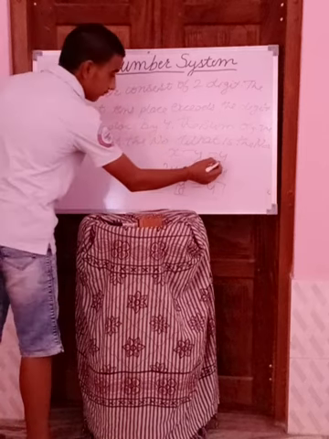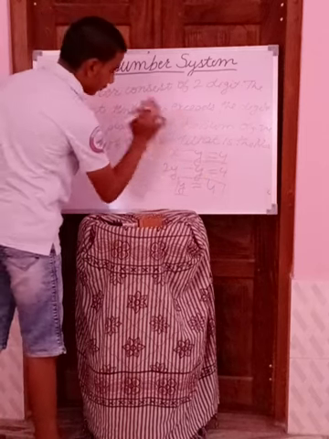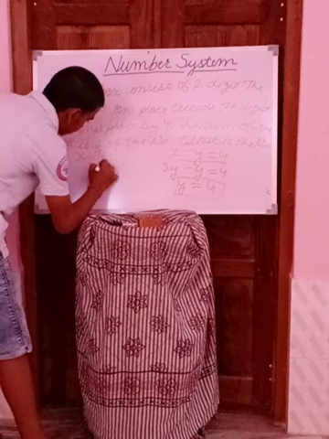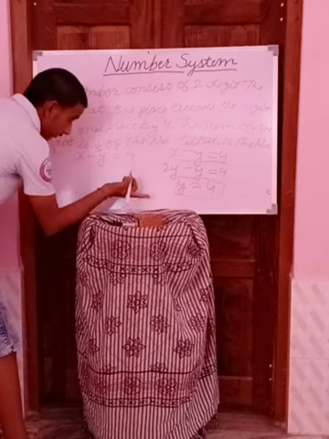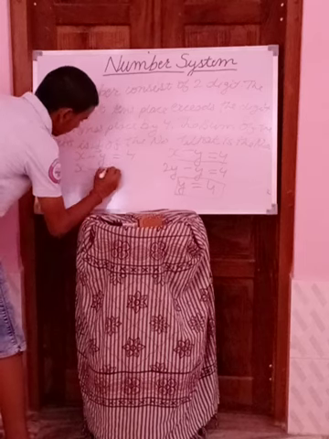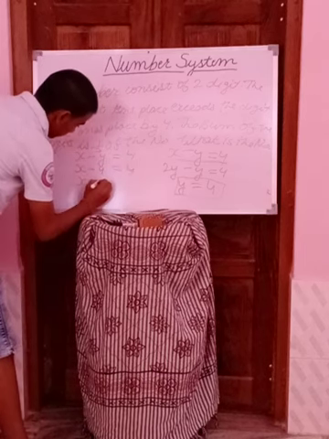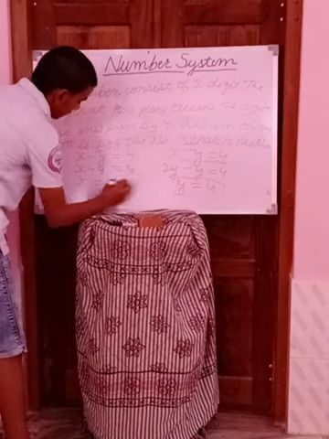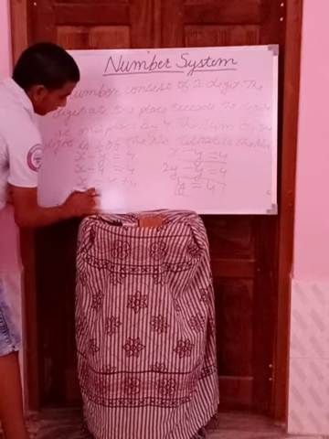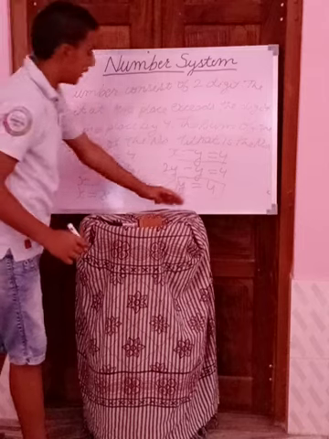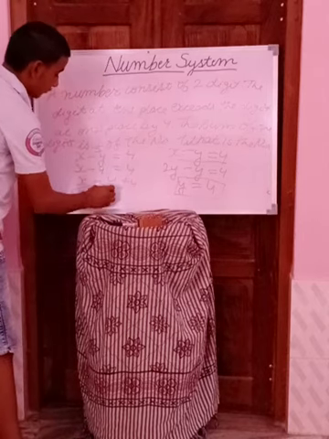Again we will be putting the value of y in this. Now let's put y is equal to 4. x is equal to 4 plus 4. Therefore the value of x is 8 and the value of y is equal to 4.